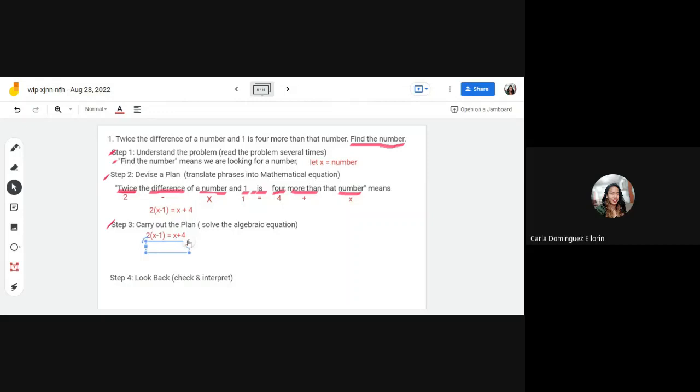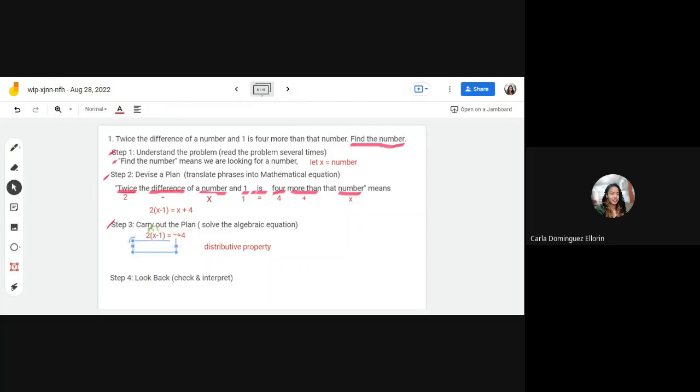First, use the distributive property. Let's solve first what is inside the parentheses. When I see parentheses, that is multiplication. So, let's distribute 2 to x minus 1. So, 2 times x and then 2 times negative 1.